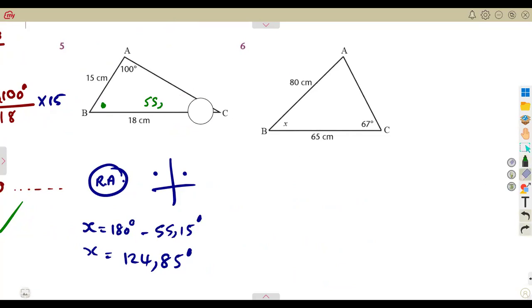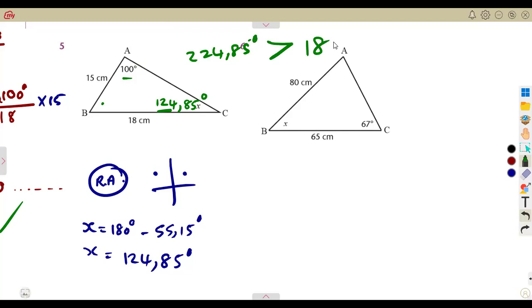So is it possible that X can be 124.85 degrees? Is it possible? Add these two angles. If you add 100 plus this, it is going to give us 224.85 degrees, which is bigger than 180 degrees. That's actually impossible in a triangle.